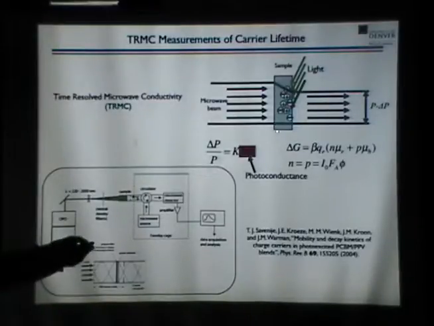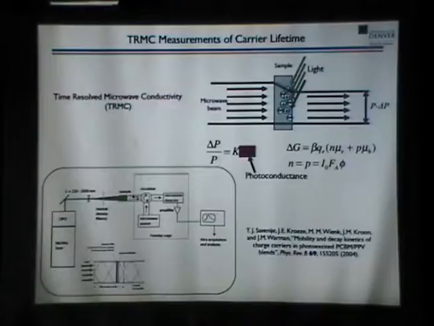So what we do is take our sample and we put it into a microwave resonant cavity. So that cavity is maybe 15 centimeters long, a few centimeters wide. It's just a rectangle. And that's resonant with an 8 gigahertz or X-band microwave. And so we put the sample into that resonant chamber, we turn on the microwave beams, the 8 gigahertz, and what happens is that the free carriers attenuate the microwave signal, or absorb the microwave signal, through a change in dielectric constant.